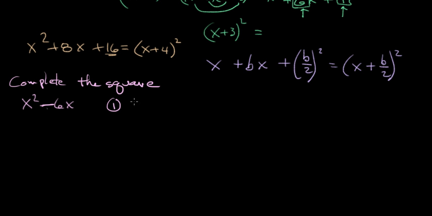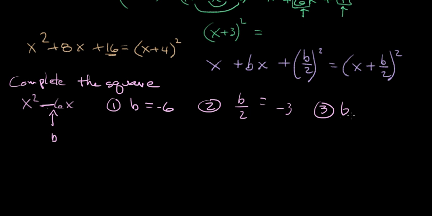The first step, look at b. Remember ax squared plus bx plus c. So what is b? b equals negative 6, right? The second step, I'm going to go b over 2. What does that equal? Negative 3. Then the third step is b over 2 squared.